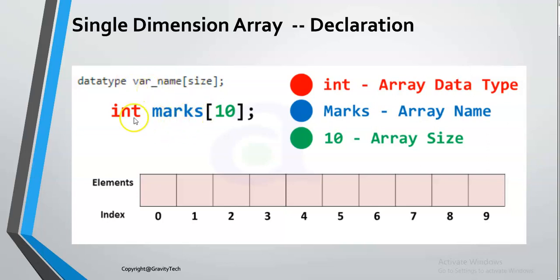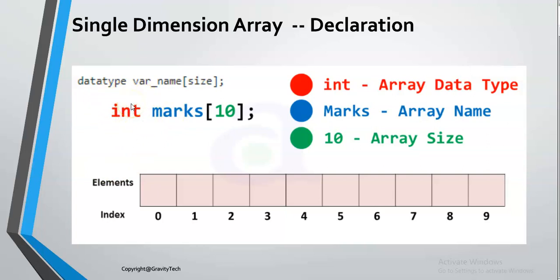So in this case, you see marks are of type integer. So in memory, there will be a place to store 10 integers continuously in the memory location, and that memory location is given the name Marks. Okay. So you basically need to give a data type.